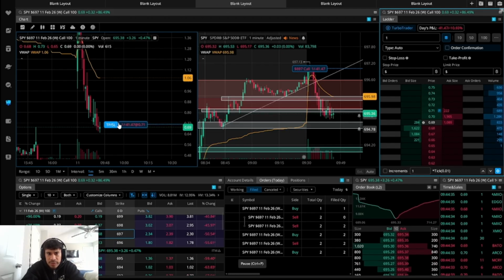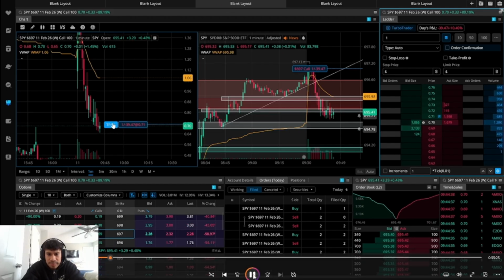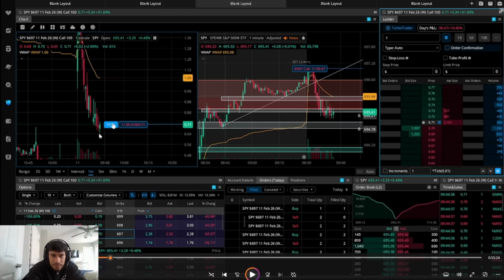But look, what happened on this third trade, I didn't take on full risk. So I got in at 71 cents. My stop would have been 61 cents, keeping in mind that I've been getting smacked by premium, so I'm giving myself 4 or 5 cents under the low of this candle.